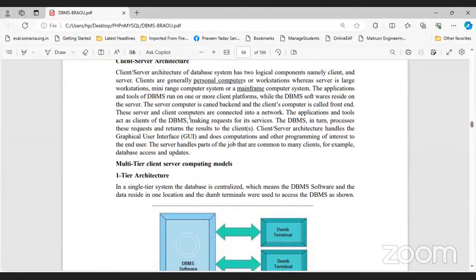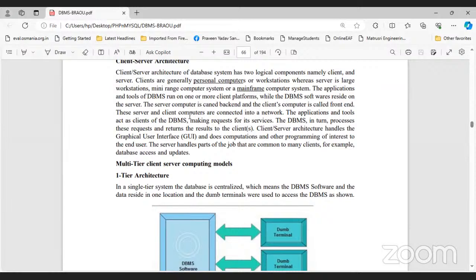How is it possible? Suppose I want to store my details, my education details: in which year I completed the first class, in which year the second class, up to my PhD level. I can store those details in Word or in Excel, which is in my system.